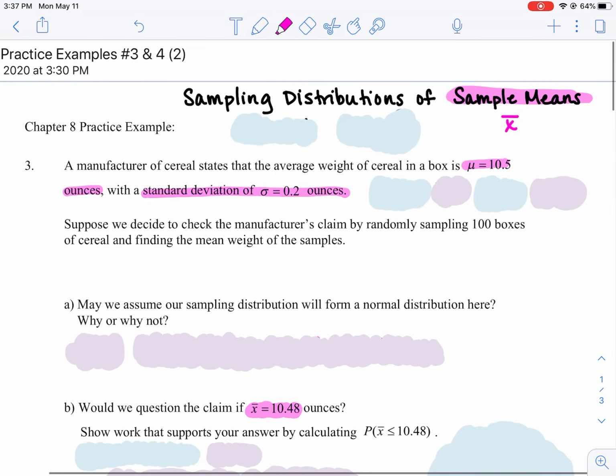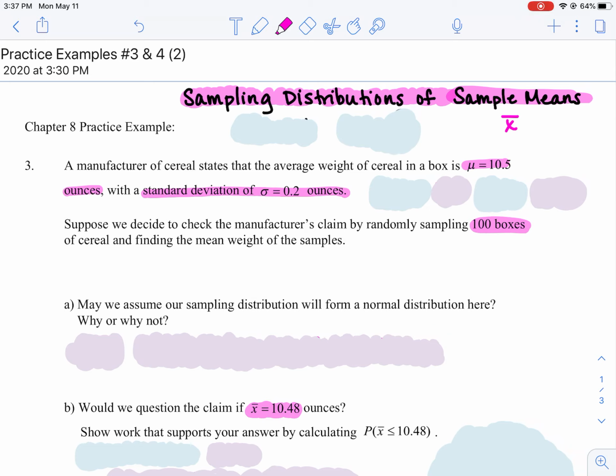Going back up, we need to talk about what the mean and the standard deviation of the sampling distribution of the sample means are. Your sampling distribution is if you found every possible sample mean for n equals 100 boxes, every combination possible, what would the mean of those samples look like?